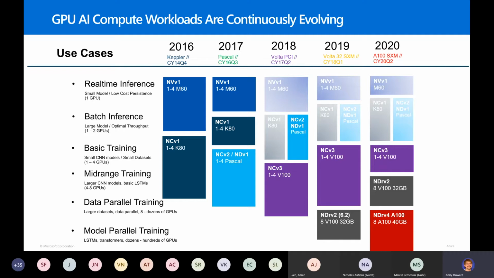The big difference between the NCV3 and NDV2 is the NCV3 has an older InfiniBand architecture. NDV2 has the latest EDR InfiniBand. Also, the NCV3 has the 16 gig GPU configuration, and the NDV2 has 32 gigs of memory per GPU.